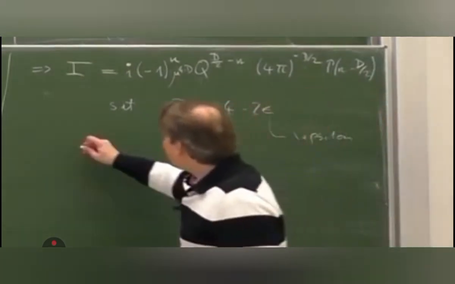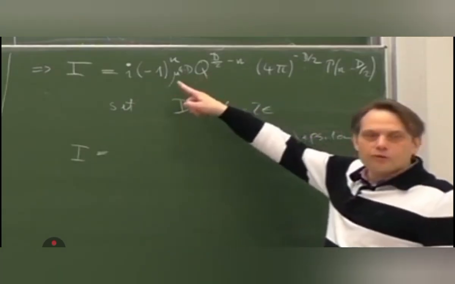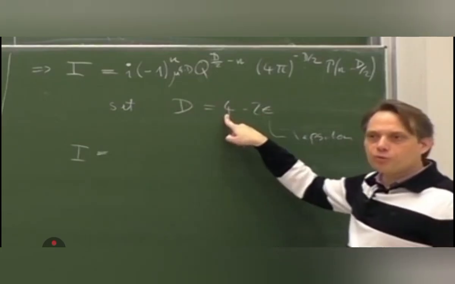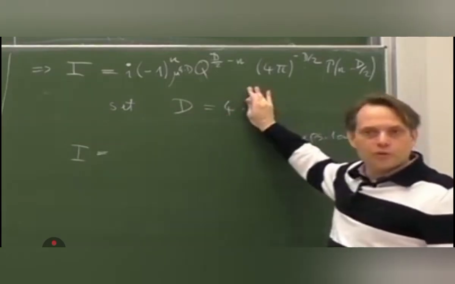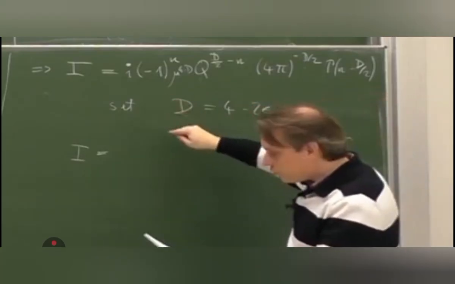So if we plug that in, then we can write down our integral once more, and we can first summarize all the factors which we get if we plug in d exactly equal to 4, ignoring the epsilon for a moment. So what happens if we set d equal to 4? Then we get the following factors.